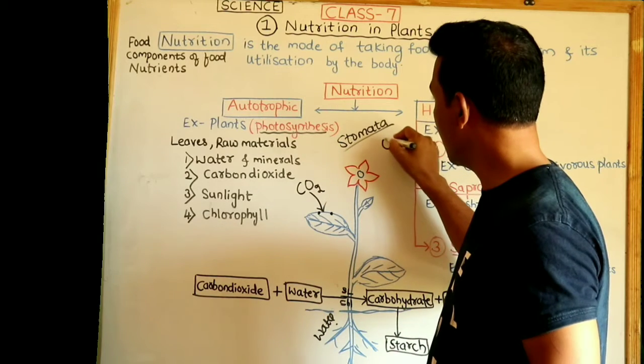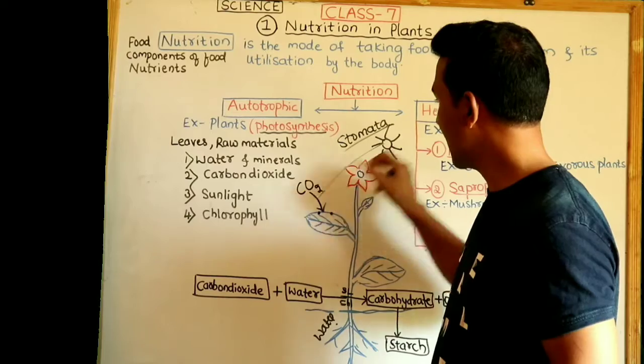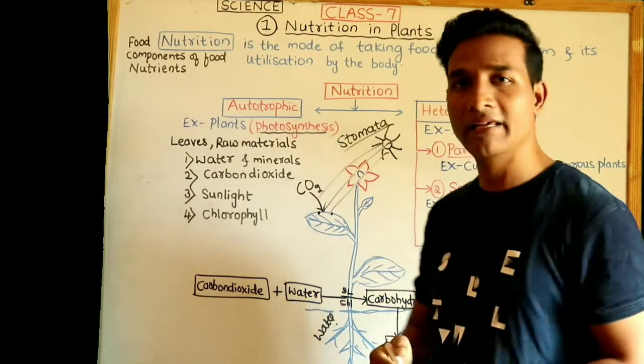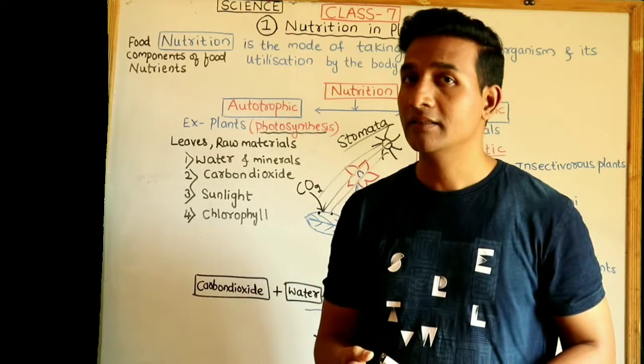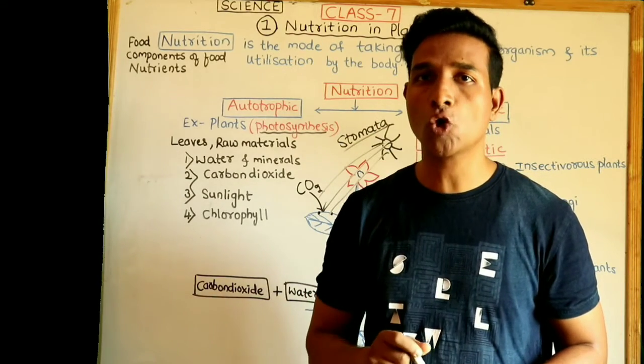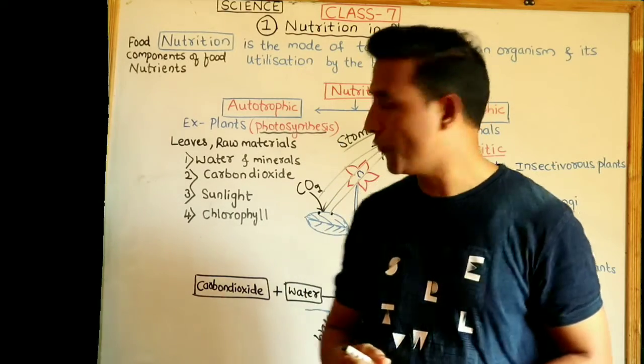So water and carbon dioxide are required. Then the plants also require sunlight. Sunlight has to fall on the leaf. This sunlight is absorbed by the leaf. There are cells called chloroplasts. They contain a pigment called chlorophyll.